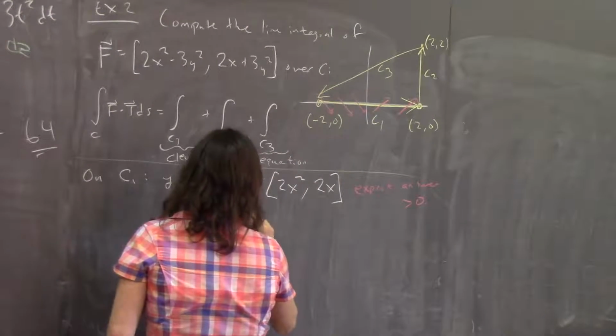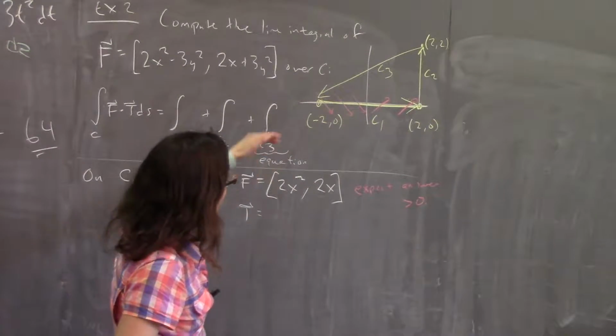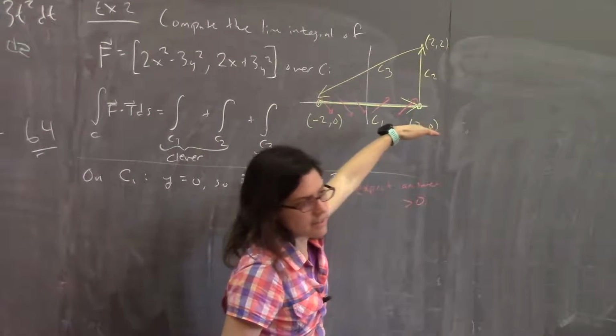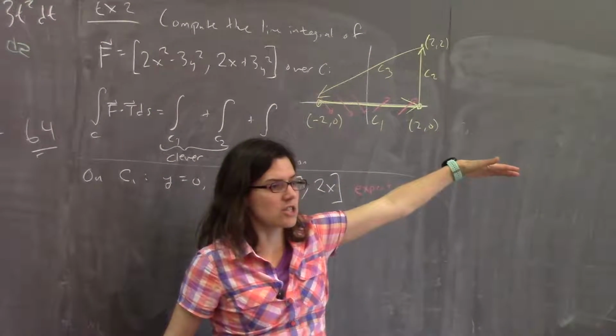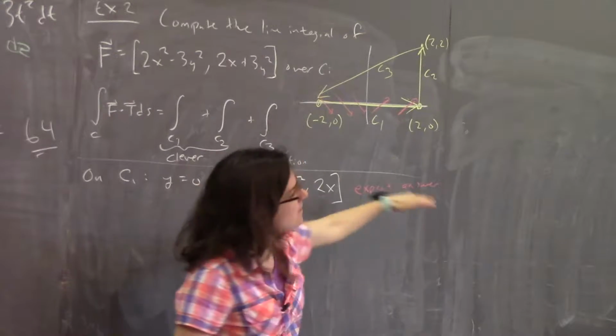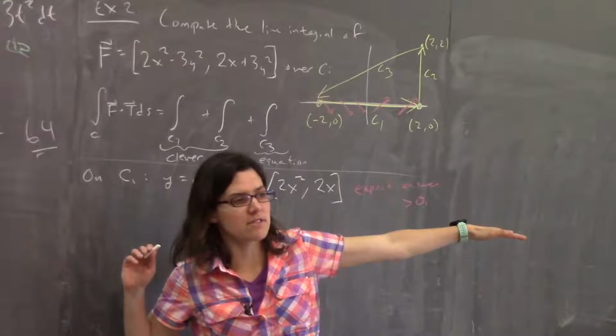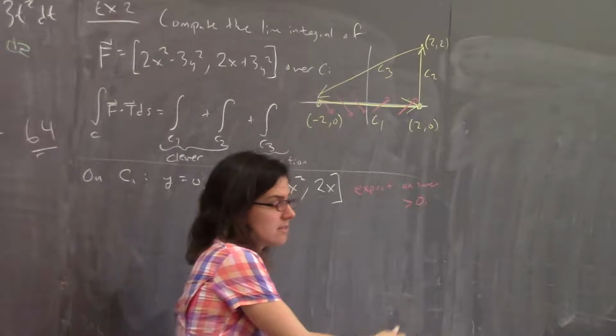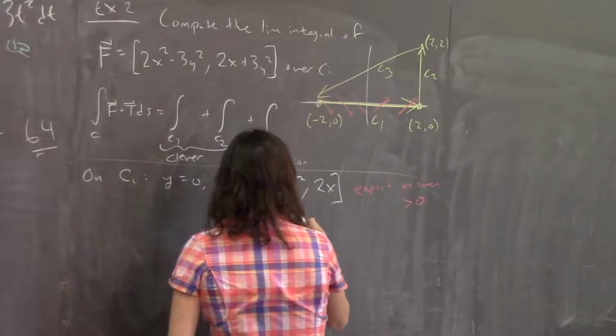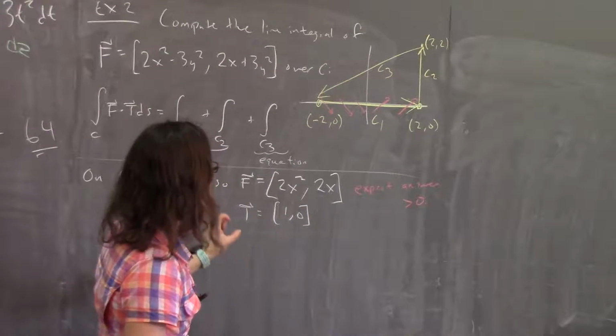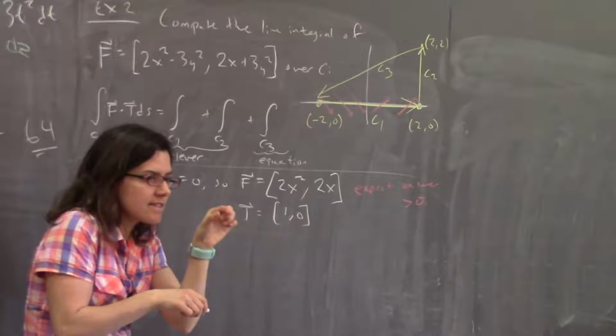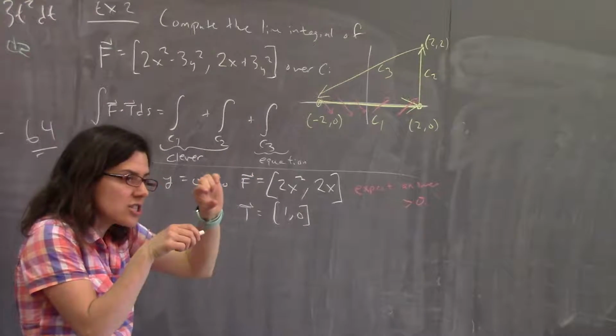Okay. Also, how about our unit tangent vector? This is just the way that we're going. It's a unit tangent vector in the direction that we're going, and the direction we're going is to the right. So our unit tangent vector in that direction should just be 1, 0. So t is 1, 0. And also, ds is like a little arc length parameter in the direction that we're going.